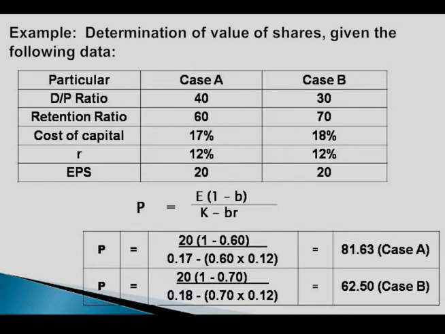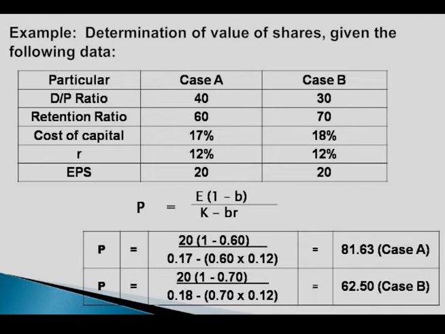And this is the formula again, and here is the answer. If we put all those figures in that formula, we get 81.63 in case A and 62.50 in case B. Now what does this mean?